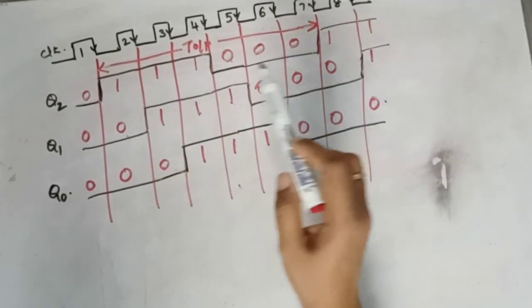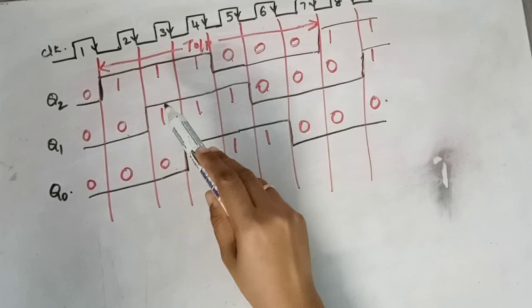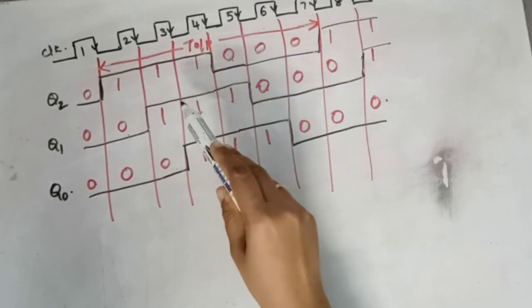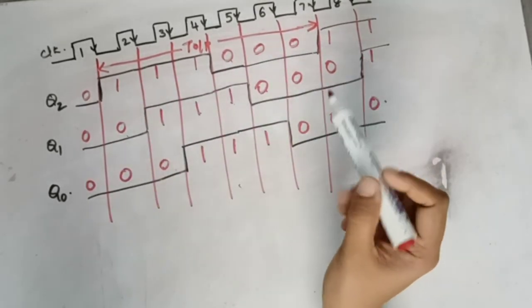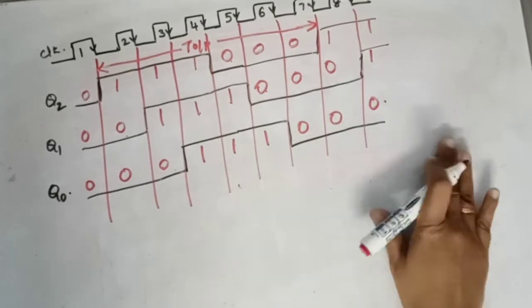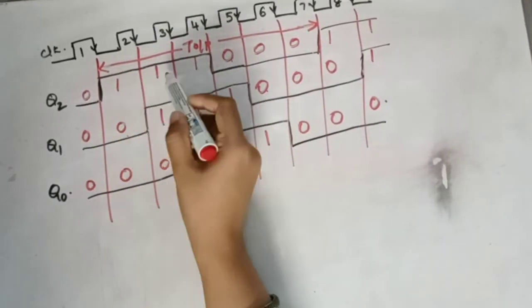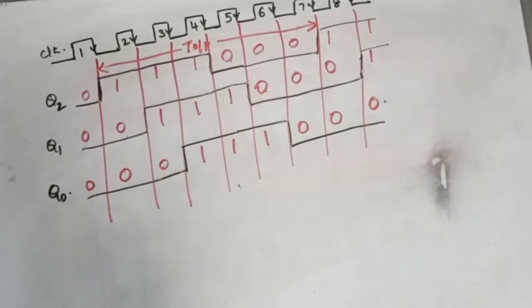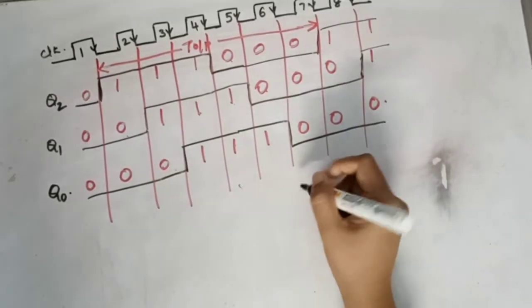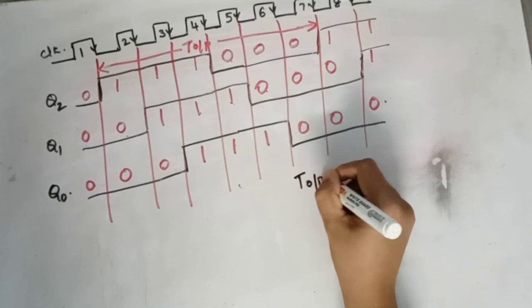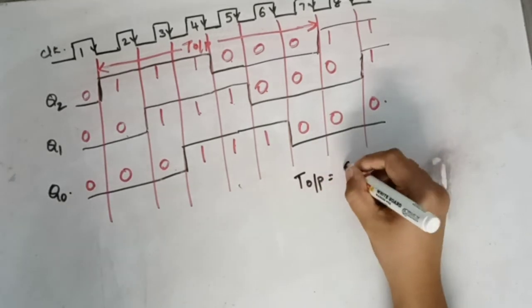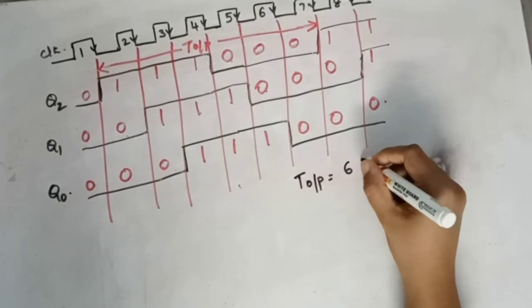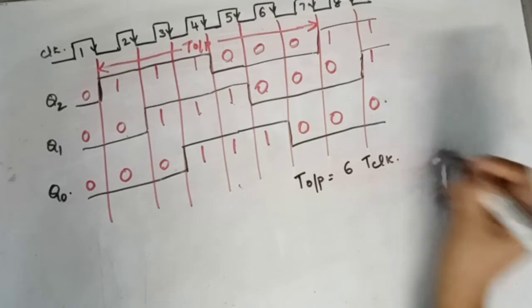So how many clock cycles correspond to one output cycle? It is 1, 2, 3, 4, 5, 6. So one output cycle equal to 6 clock cycles.